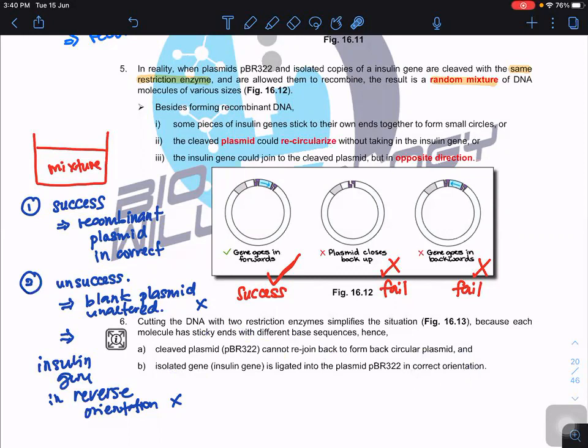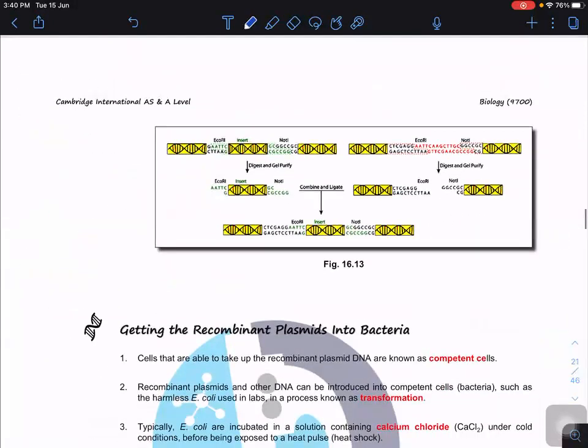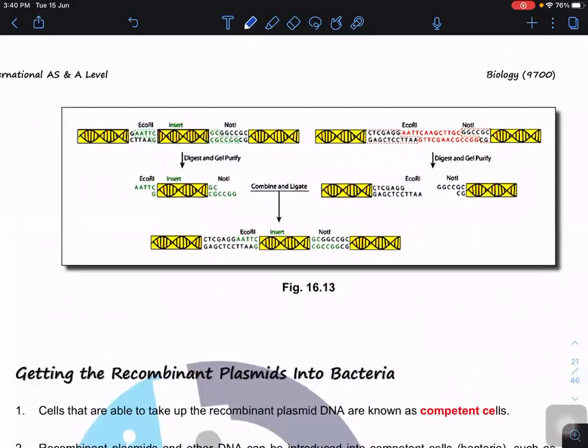This, again, I put here, the symbol indicates that it is for your information only. And yesterday, I showed you guys how reverse ligation won't happen if you have two restriction enzymes. So in this diagram, you can see that, enlarge it.